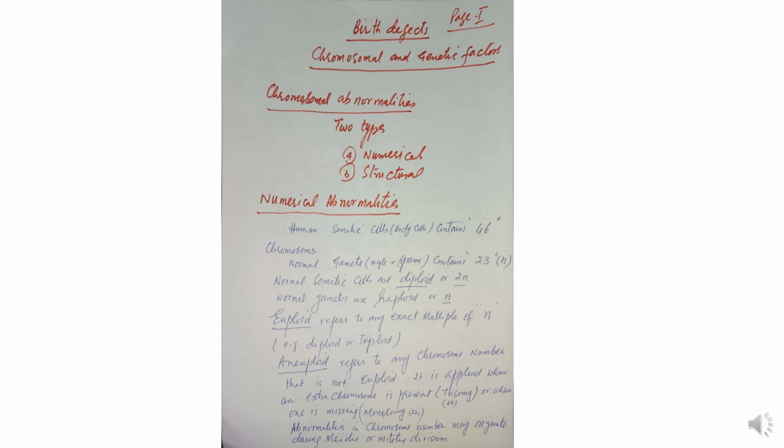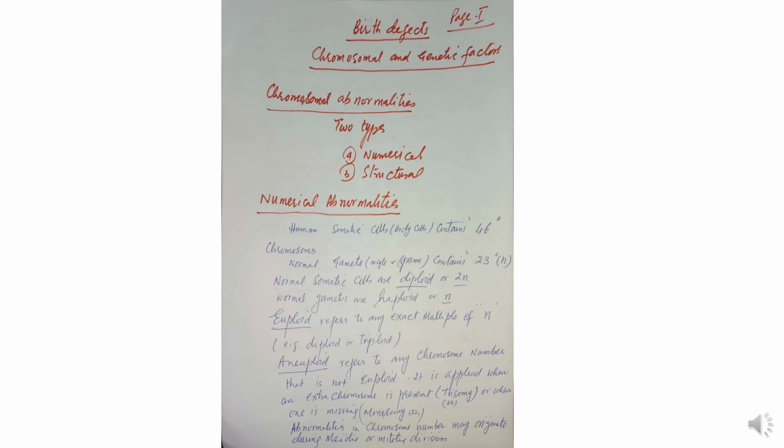Euploid is the term used for any exact multiple of n. That is, 23 multiplied by 2 becomes 46, which is diploid. If 23 is multiplied by 3, it becomes 69, which is triploid. So we say it is a normal number.